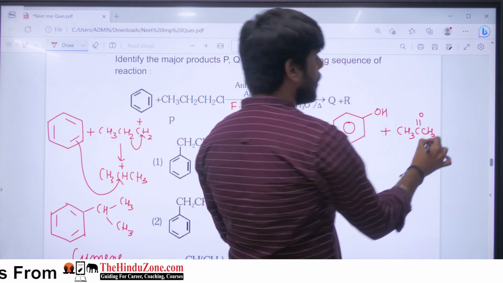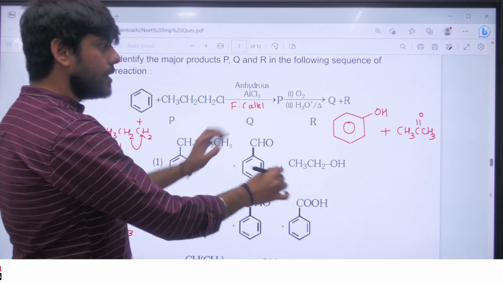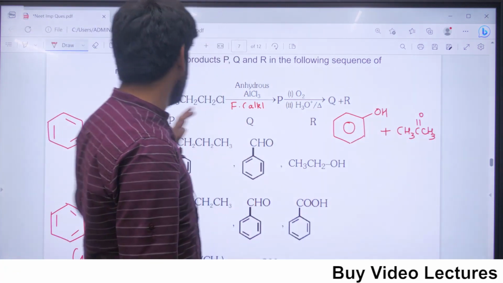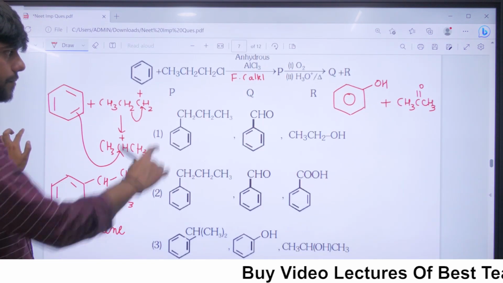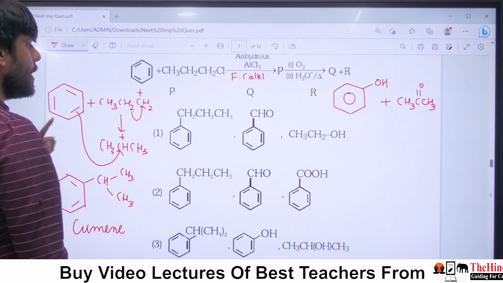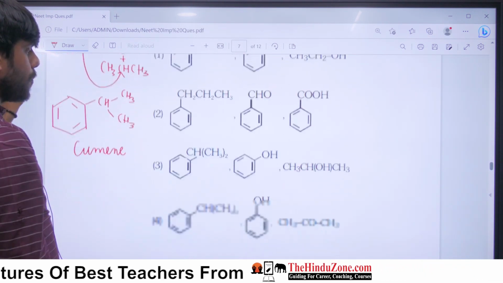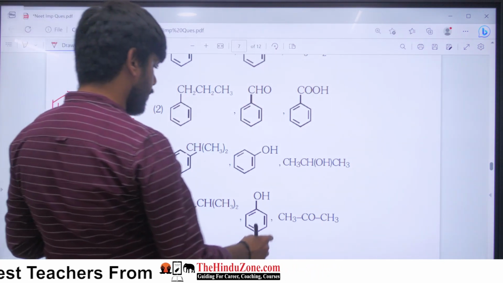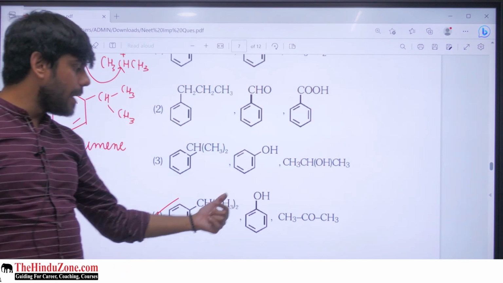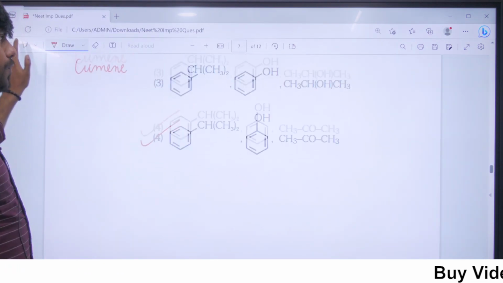So we can also call it the preparation of acetone. We will not treat it as a byproduct. So Q and R are phenol and acetone, and P is isopropyl benzene. So the fourth is the right answer. All right, let us move to the next question.